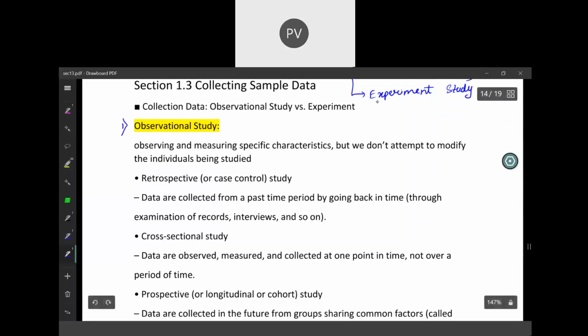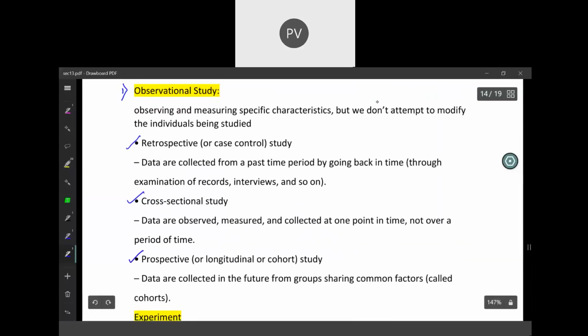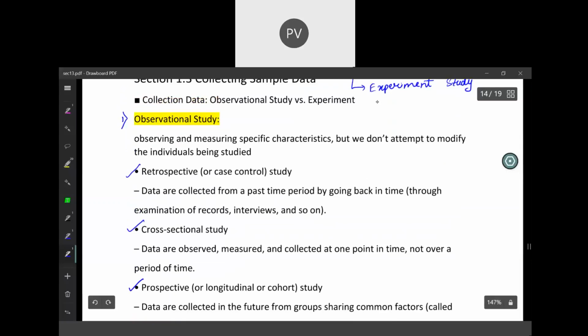Now, in observational study, we have three types. Retrospective study. Retrospective study means you will be collecting data from the past time period.